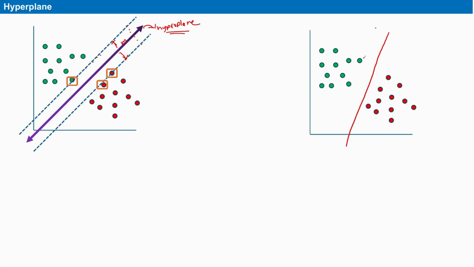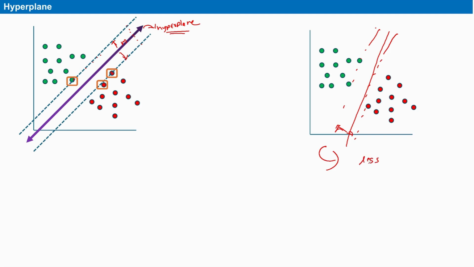But when you draw the margin lines for this particular hyperplane, the marginal distance, compared to the best margin, will be less. So a hyperplane which does not have the best fitted marginal distance has less accuracy.